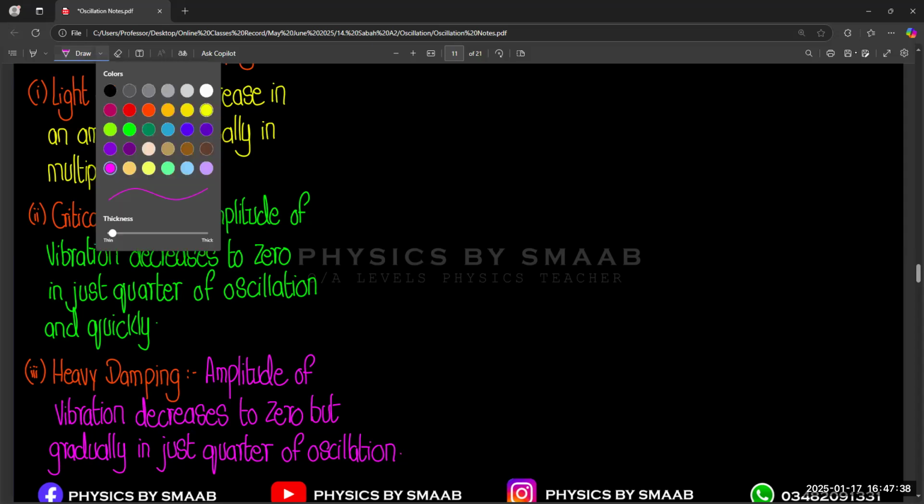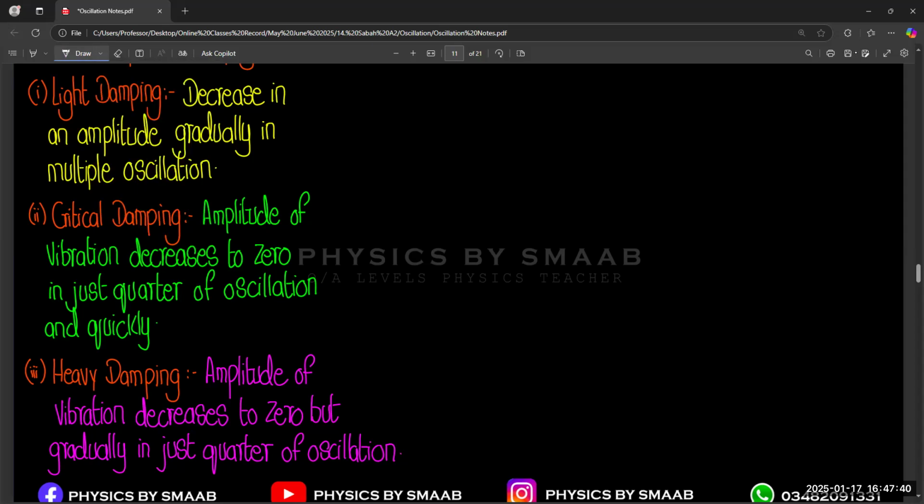So in light damping, we can say the example of a swinging pendulum. And for critical damping, just like we discussed, car suspensions.